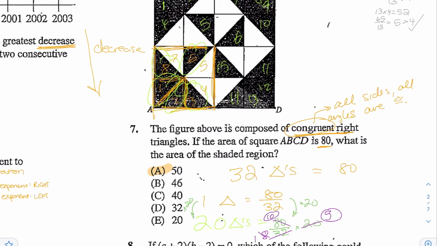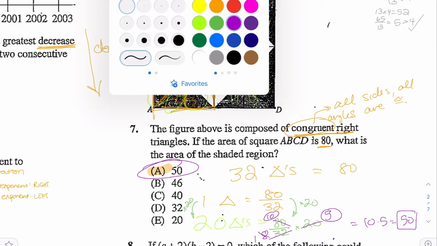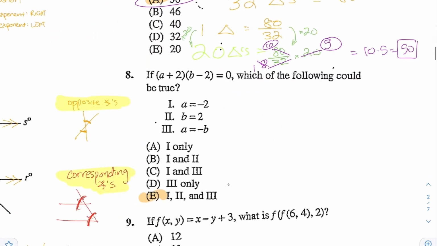So the answer will be 10 times 5, or 50. Choice A. The other way to work this out is that the triangles are 5/8 of the total.